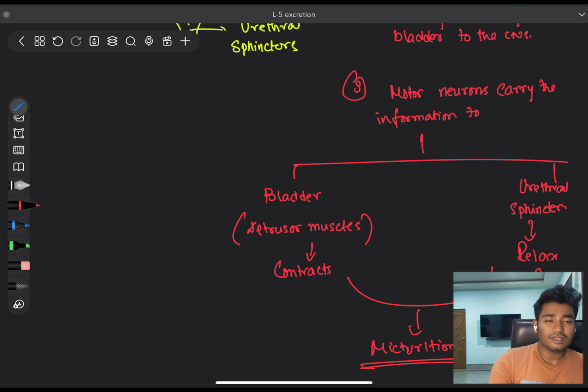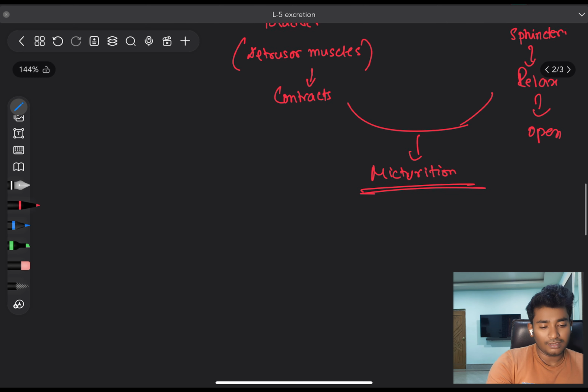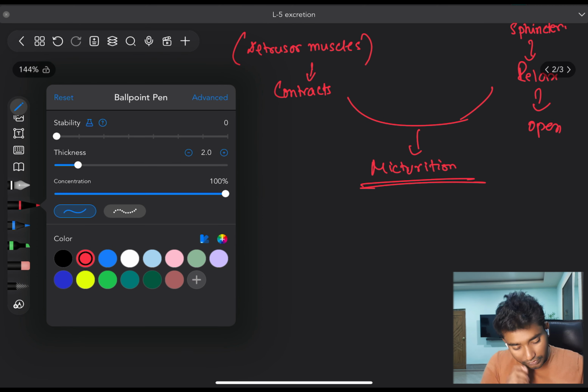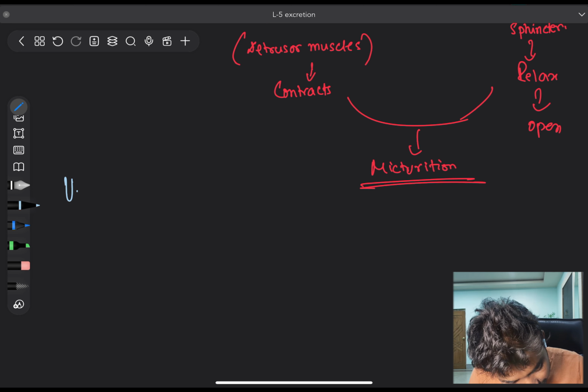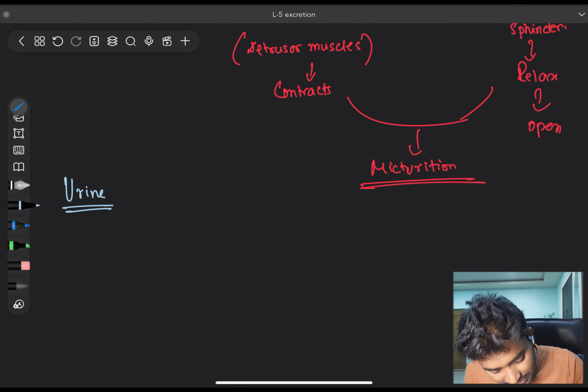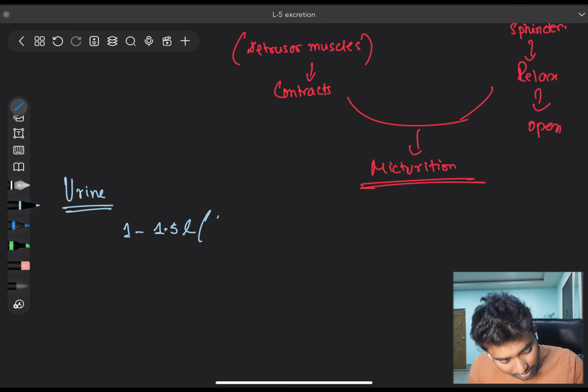Now come to the next required part, which is about urine. What is the quantity of urine that we pass out per day? I have said in earlier videos also, it's 1 to 1.5 liters per day.